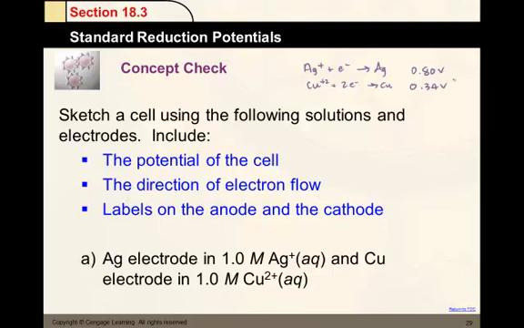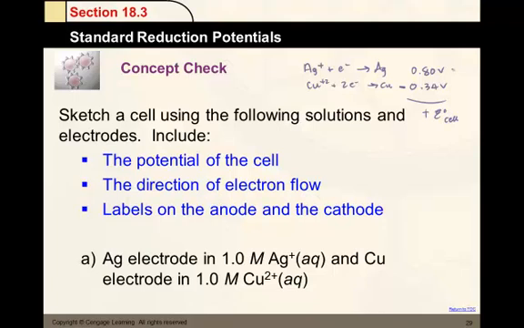Alright, now remember the anode is the one that gets flipped around. And mathematically, you want to make sure when these things add, once one of them is flipped, you're going to have positive E0 cell. Well, that must mean that the copper has to get flipped, because if this is negative and we added, we would get a positive E cell.